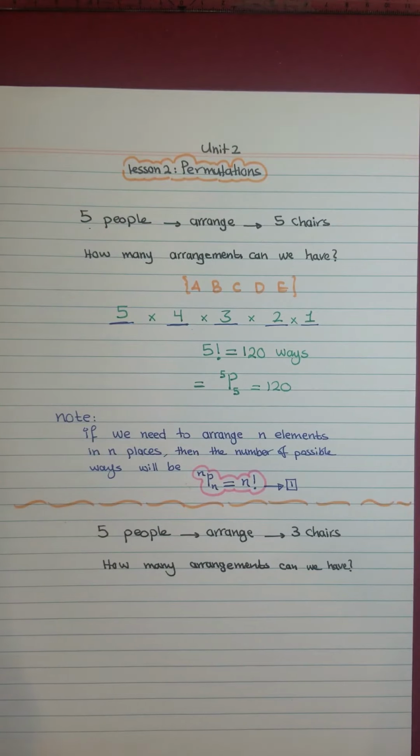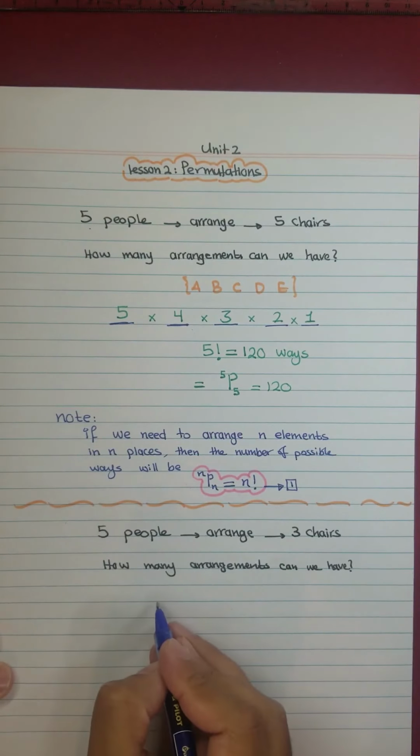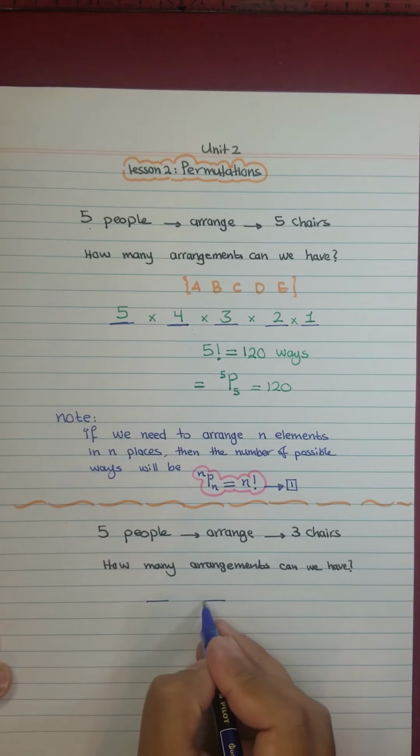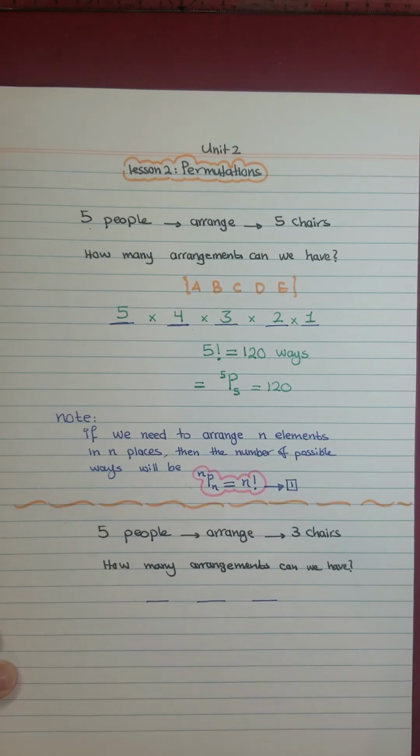We can still say that we basically have a process that is composed of 3 actions, because we will seat 3 people. We have 3 chairs. So we will choose someone for the first chair, that's our first action. Choose someone to sit on the next chair, that's our second action. And then choose someone to sit on the third chair, and that's our third action.